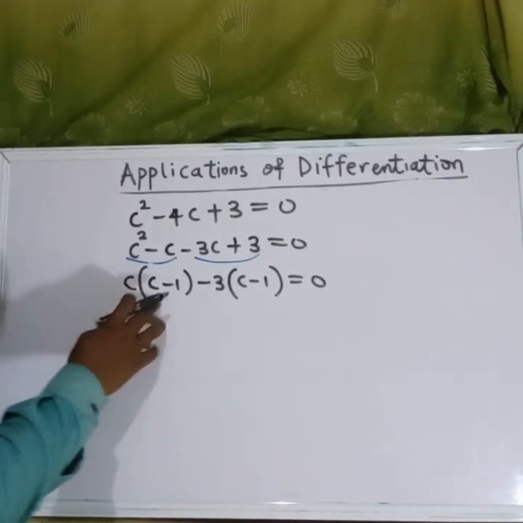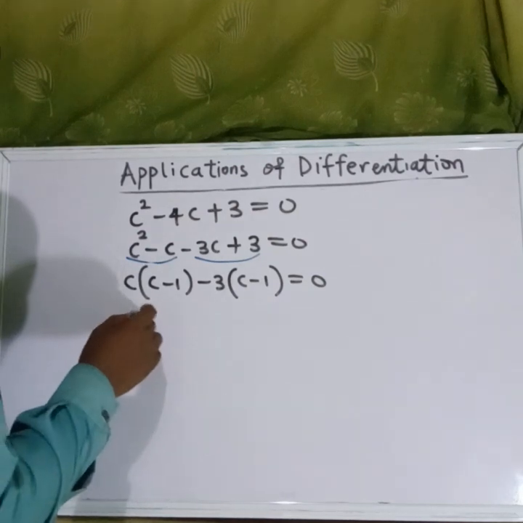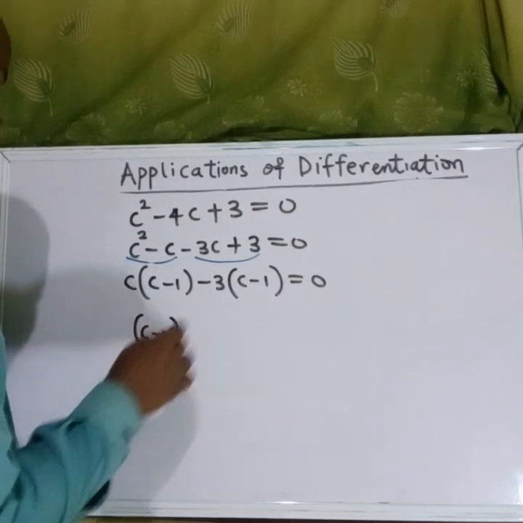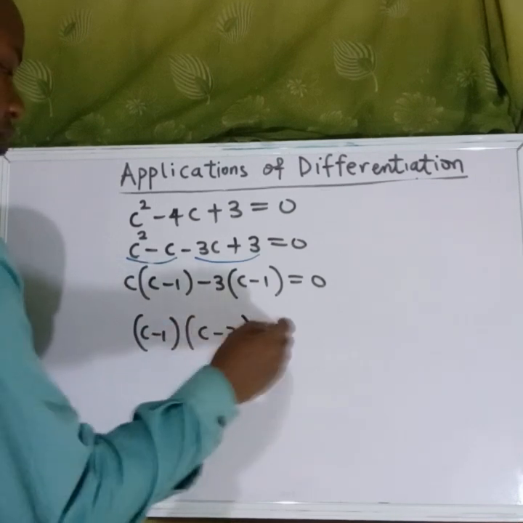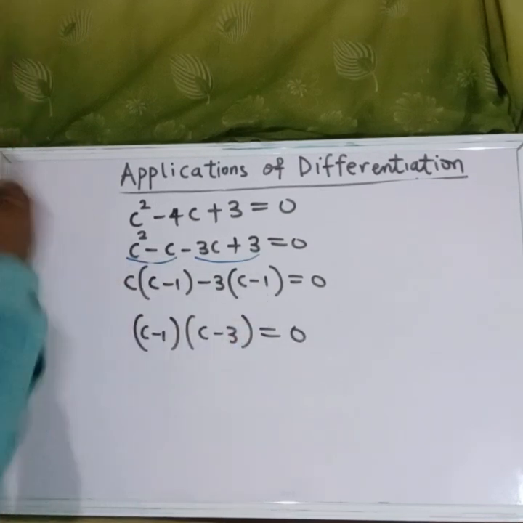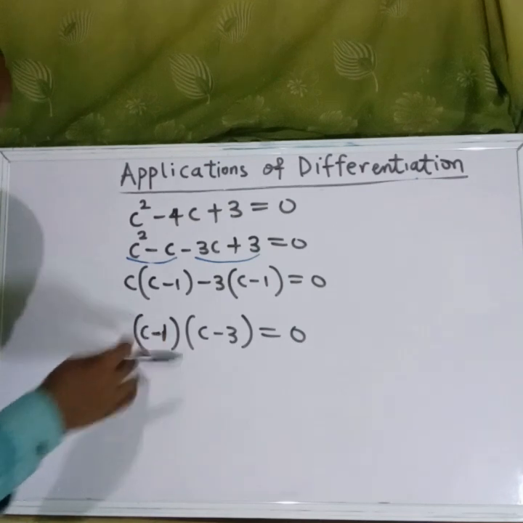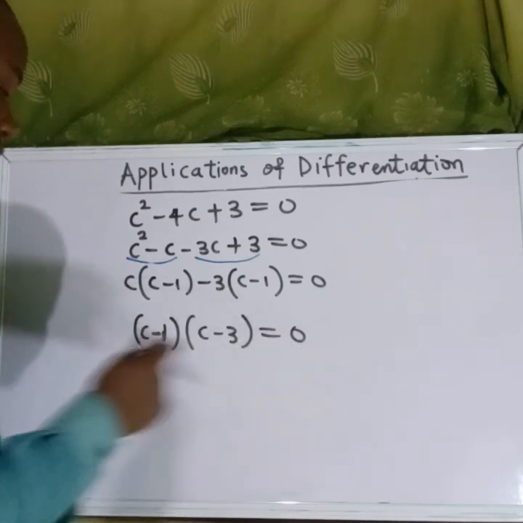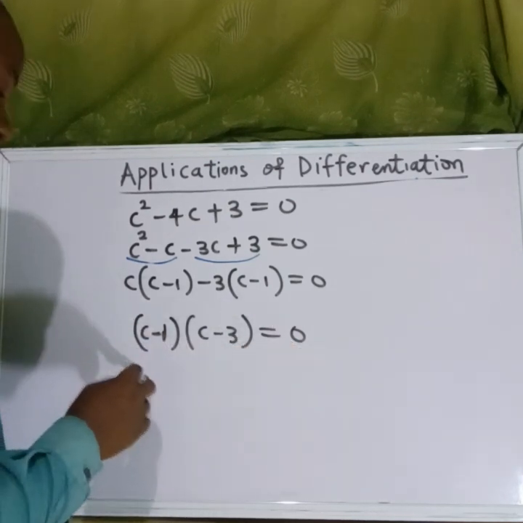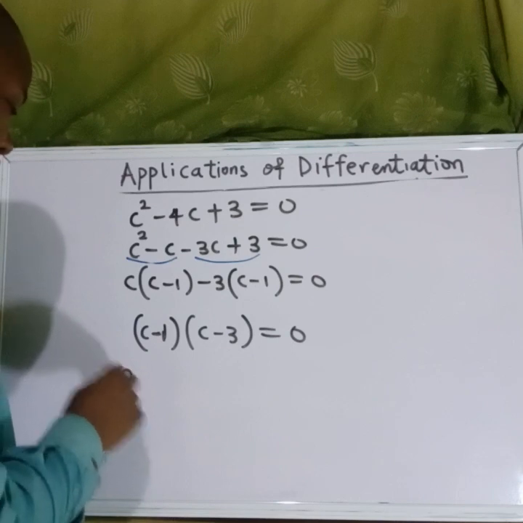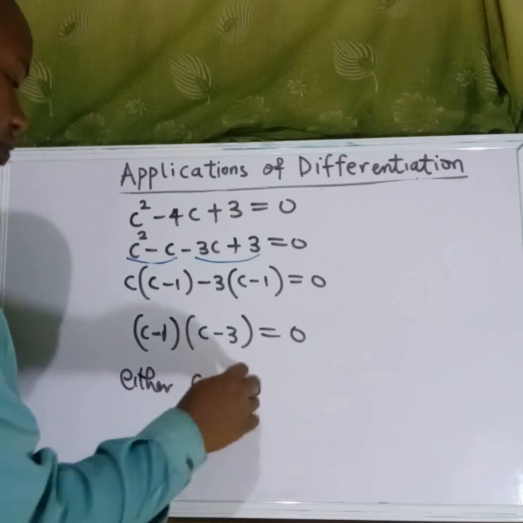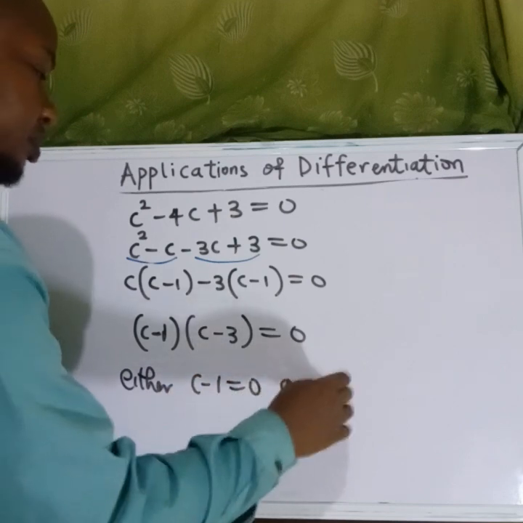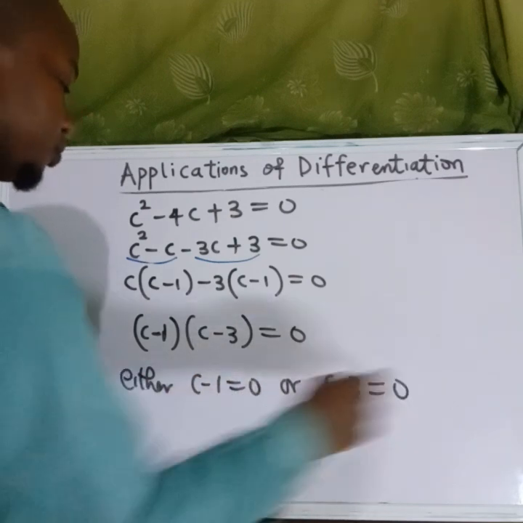So c minus 1 is common here, and we can factor that out, and we are left with c minus 3 equals 0. Accordingly, this is a product of two terms equal to 0, and this means that c minus 1 is equal to 0 or c minus 3 is equal to 0.